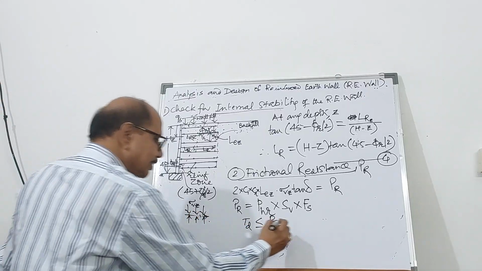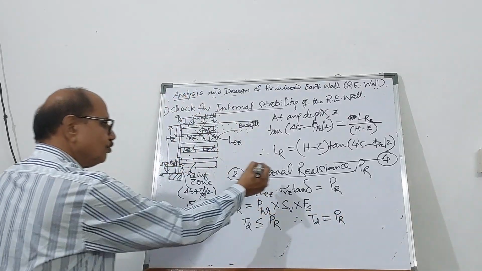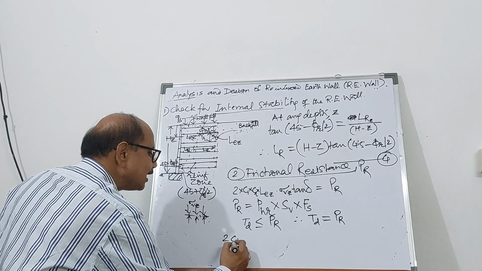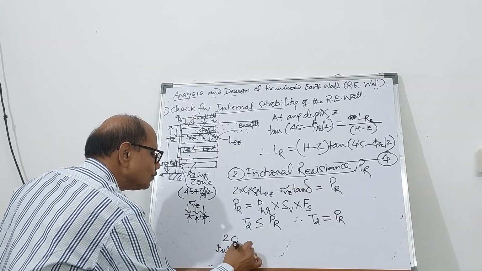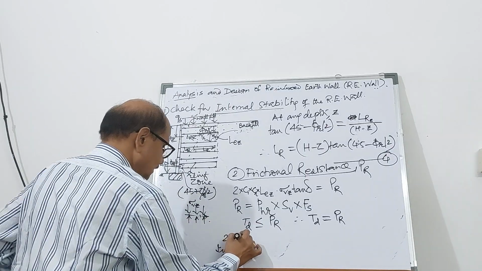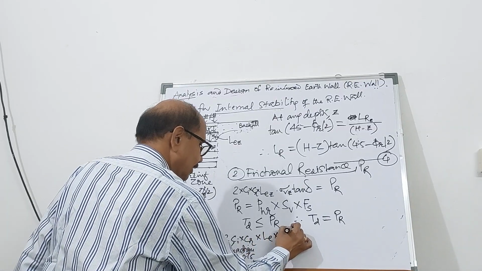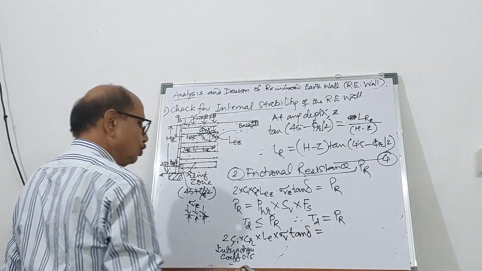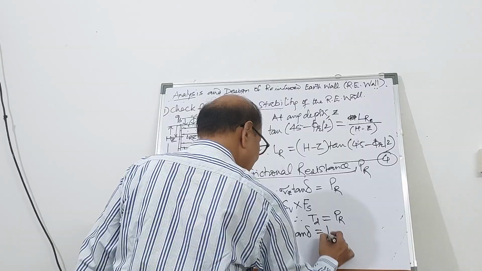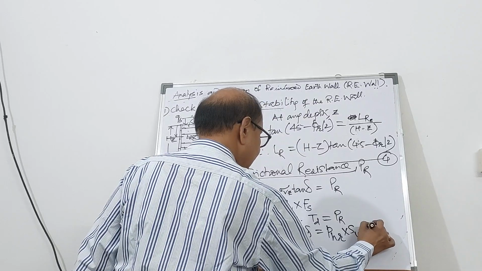So equating TD equal to this frictional resistance, we get 2 times Ci, the interaction coefficient, normally 0.75, into coverage ratio into Le into sigma V tan delta must be equal to the tension that is getting developed, PHR into SV into factor of safety 1.5.